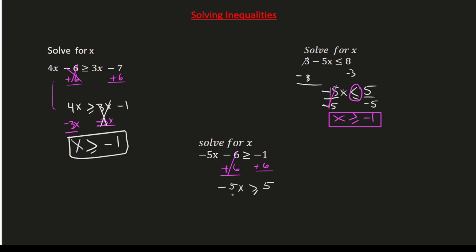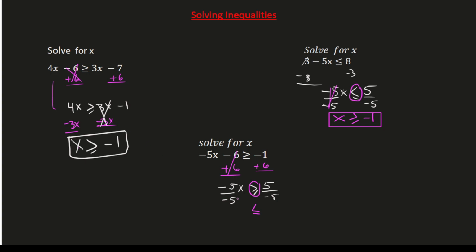All right, last step, you divide by whatever is in front of x. You divide by negative 5. You divide this one as well by negative 5. Oh, same problem again here, and I want you to see that. So we divide by a negative number here, so this symbol changes to less than or equal to.